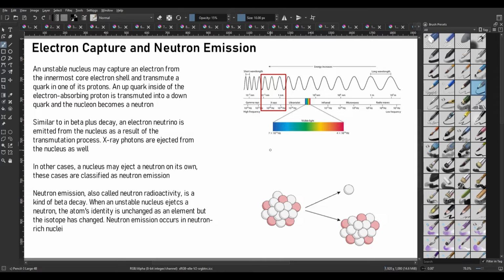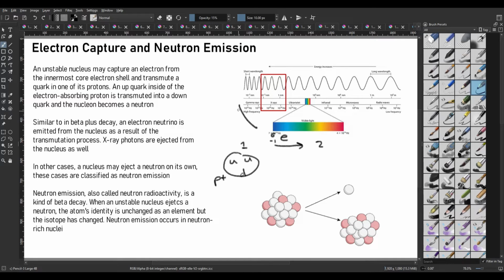So if I visually represent this, we'll say state 1 is before anything happens, and then state 2 is after it. In state 1 we have 2 up quarks and a down quark. This is a proton. And then in state 2, we absorb an electron.